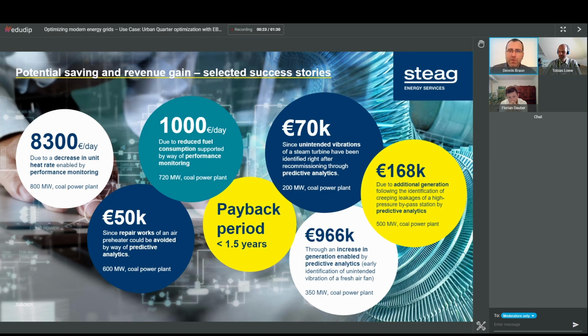Or another example, 70,000 euros saved because we found unintended vibrations. That was based on the SPC, Statistical Process Control module. Those are all examples, and they show that the payback period in most cases is below 1.5 years. If that's interesting for you, make sure to reach out, and we can have a private meeting afterwards to see which modules deliver the most value for you and your challenges.